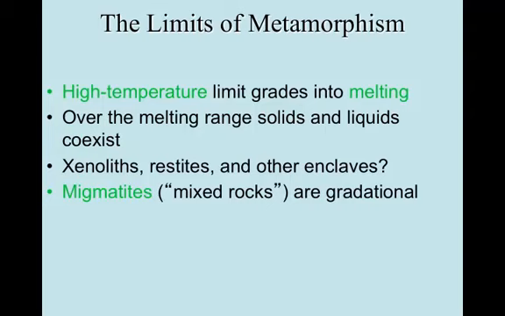Once melting has taken place, once the metamorphic rock has been melted, or some of it has been partially melted, you're left with perhaps xenoliths, so foreign rocks in the melt, or restites. Those are rocks that are left behind after you remove a partial melt, or other enclaves within the melt. And an enclave is like a xenolith, except that it's unclear where that rock originated.